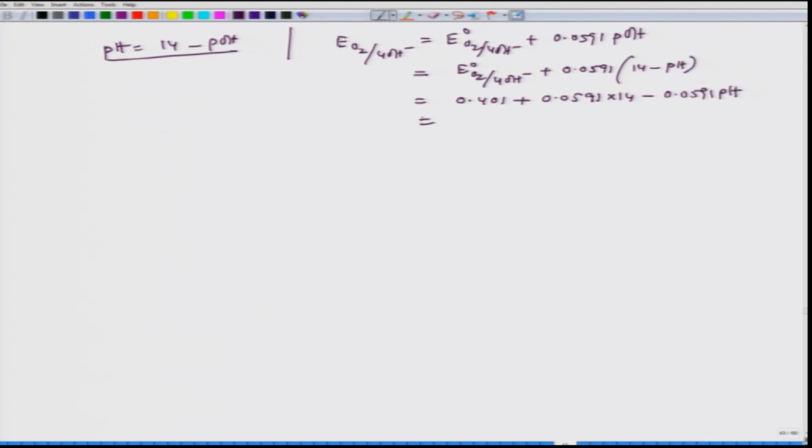So, if I try to find out this value, 0.0591 into 14 equal to 0.827, so 0.401 plus 0.827 minus 0.0591 pH equal to 1.228 minus 0.0591 pH.